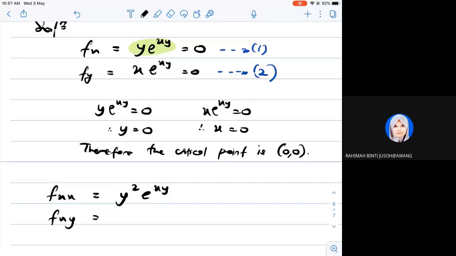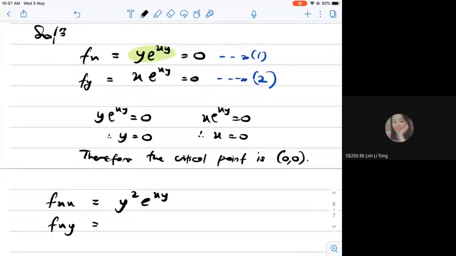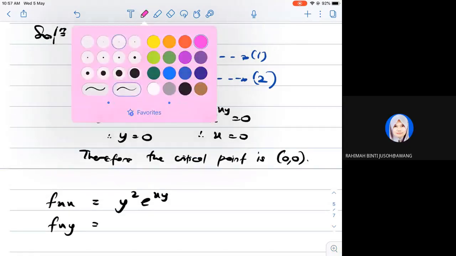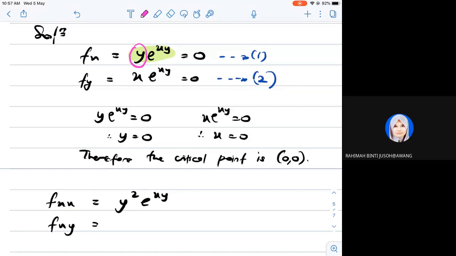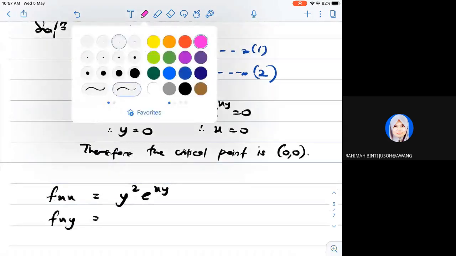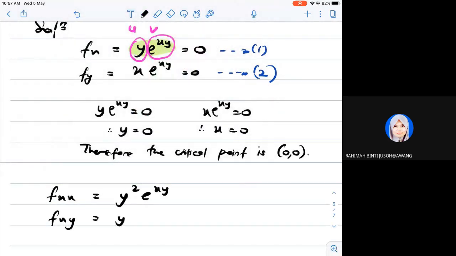Okay, untuk fxy kena pakai product rule tak? Yes. Yes, you have to use the product rule because this is our variable y. Dekat sini pun ada y. So pakai product rule, this is u, this is v. Okay, so u v prime. U is y, differentiate exponent xy with respect to y, we have x.